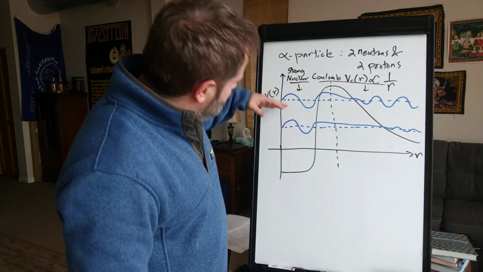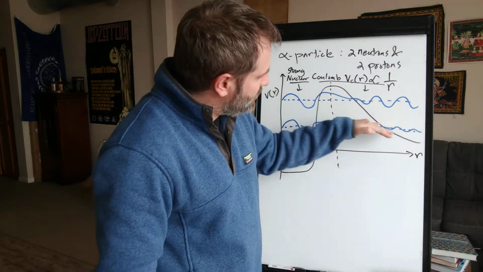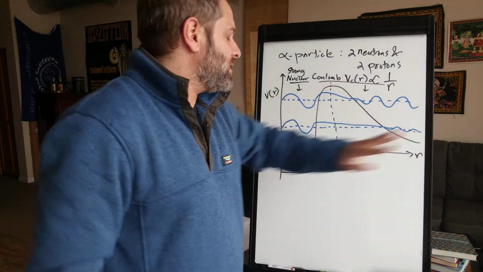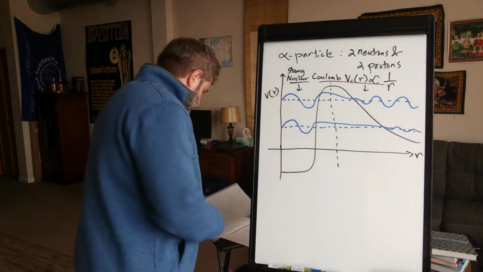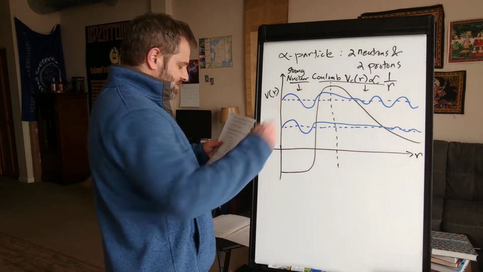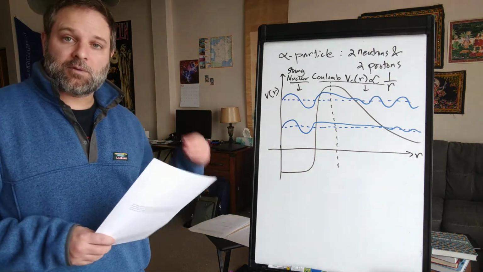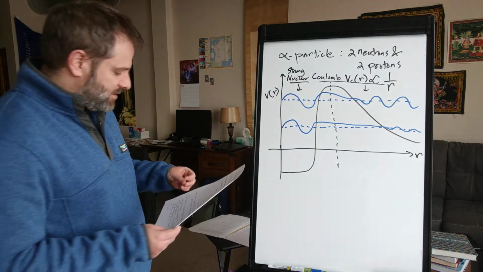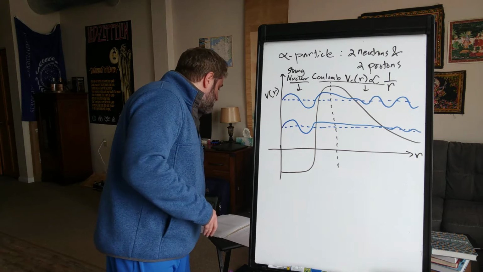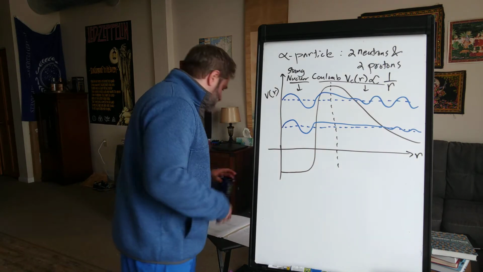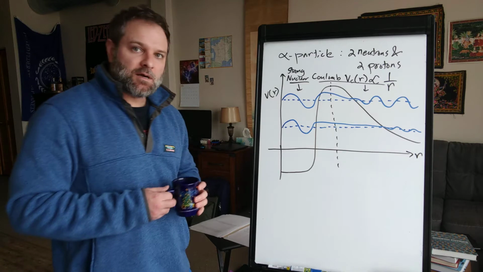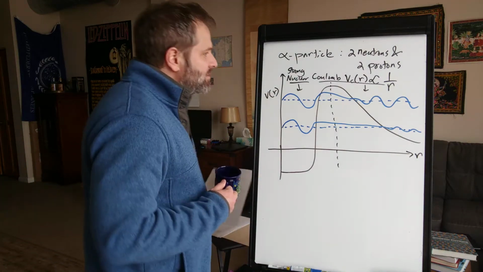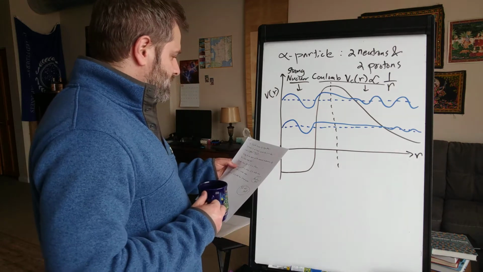But since I had to tunnel through more of this barrier, because we're in a lower state, we're going to escape with a lower amount of energy, which means that higher energy states have a higher probability of escaping the potential well, and lower energy states have a lower probability of escaping, and that is borne out in experiments. Okay? So that's just the first part of the 3 types of decay.